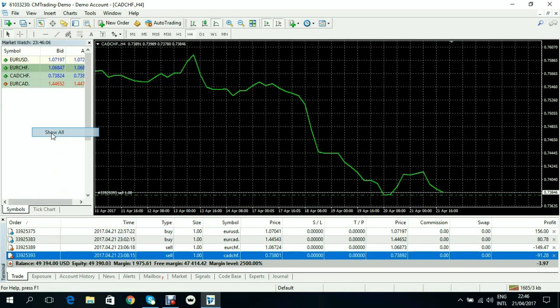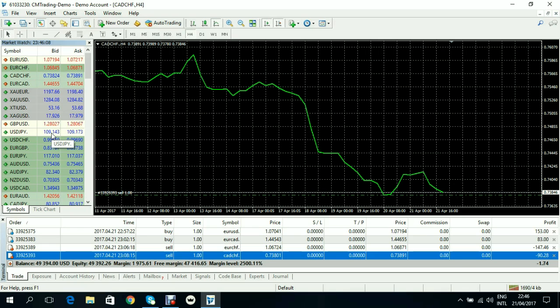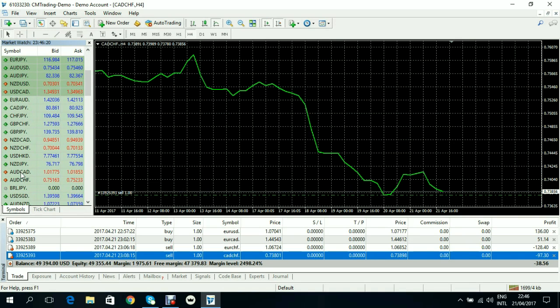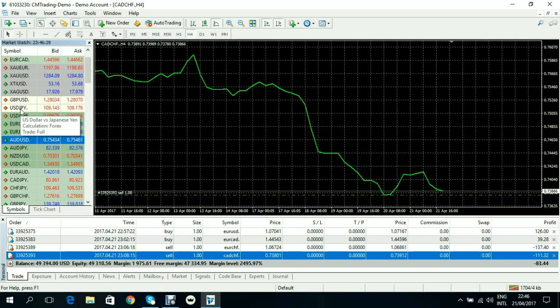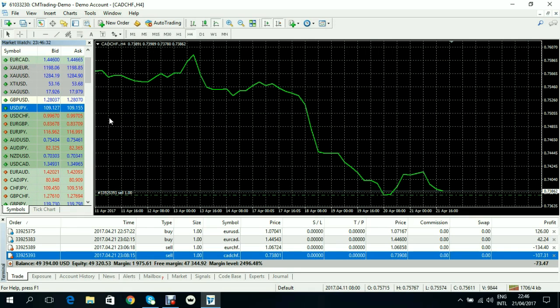For example, Euro USD, GBP USD, AUD USD, and let's say USD JPY are your major trading pairs or your major trading instruments.